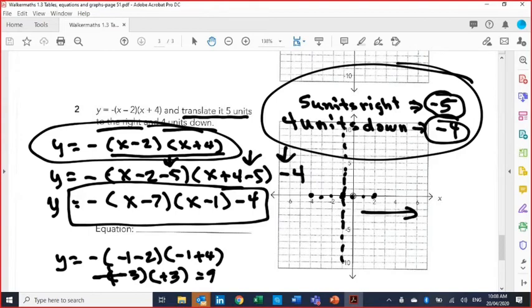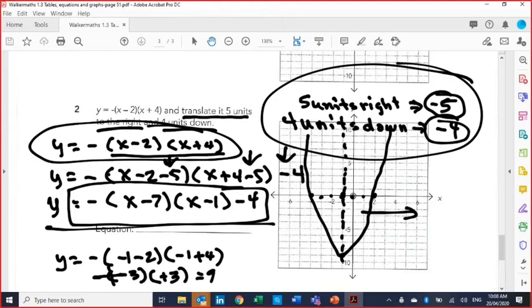So that means our vertex is here. And that means our parabola is doing this business. Not pointed like mine, be neater than me. Okay? And then you can either plug in numbers and move it, or we can simply move it. It's 5 units to the right, 4 units down.